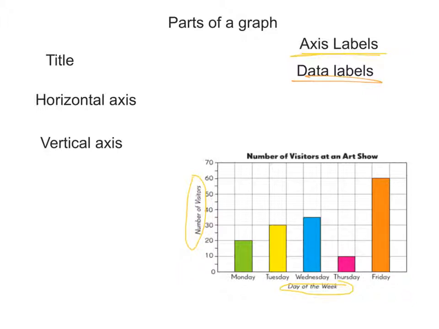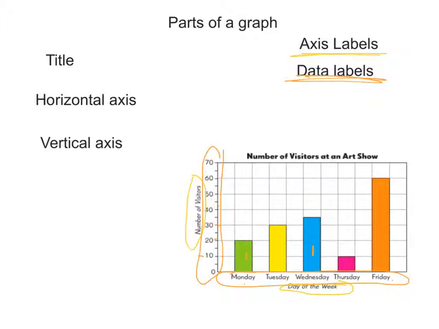The data labels are the things that we use when we're collecting the data. So we need to label Monday, Tuesday, Wednesday, Thursday, Friday on the horizontal axis so that we know what this green bar means, what this blue bar means, etc. We also need to label with numbers each of the marks that we put in our graph.